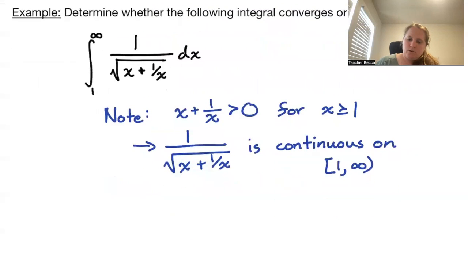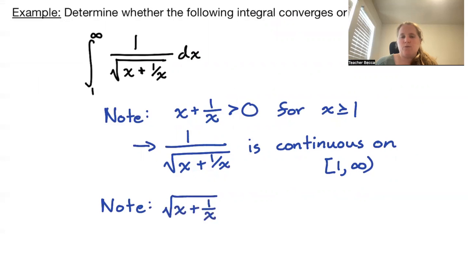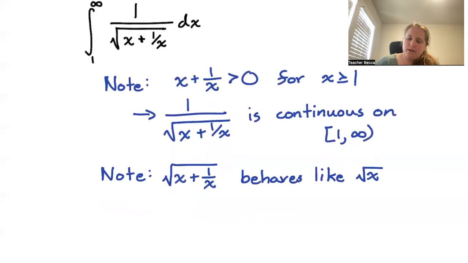Furthermore, note that square root of x plus 1 over x will behave like square root of x for large x.